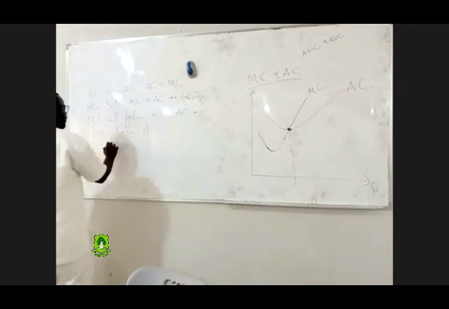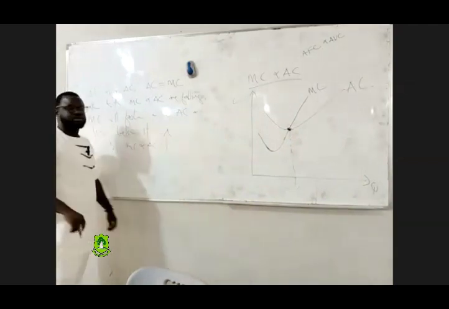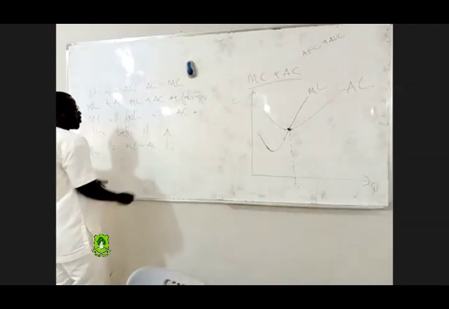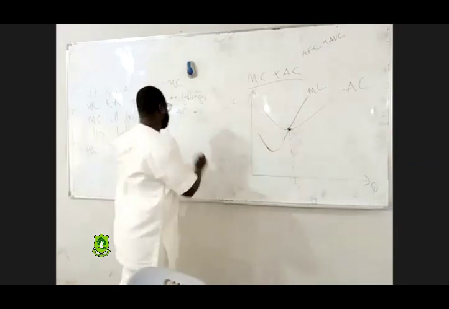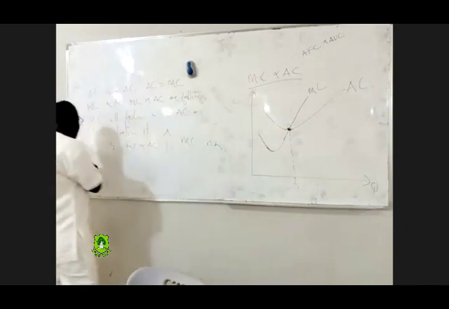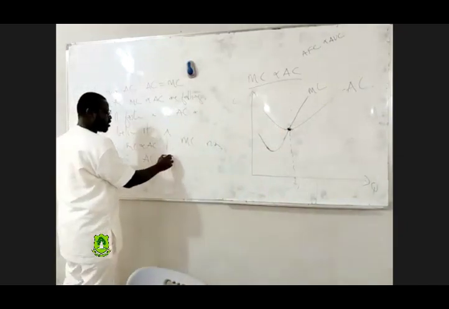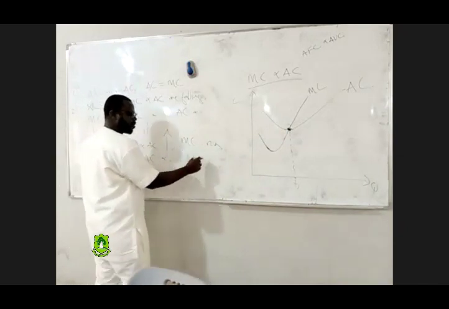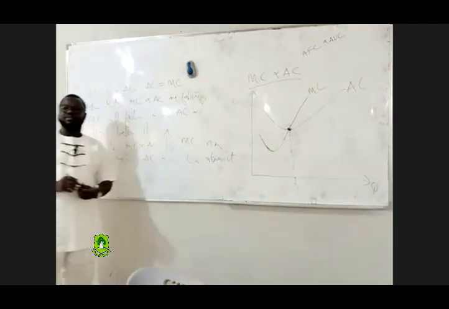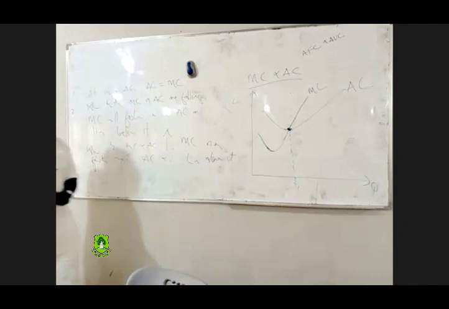So when both marginal cost and average cost are increasing, marginal cost rises faster than the average cost, and therefore lies above it.